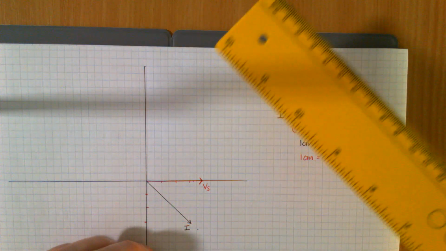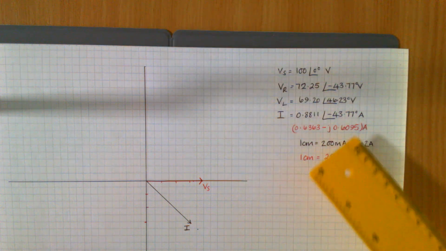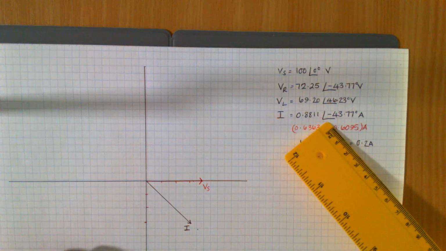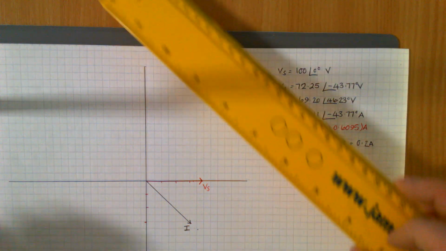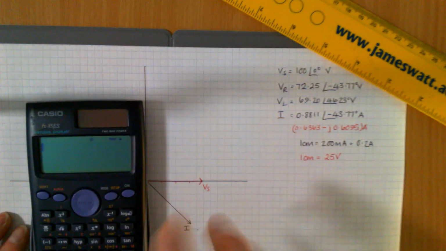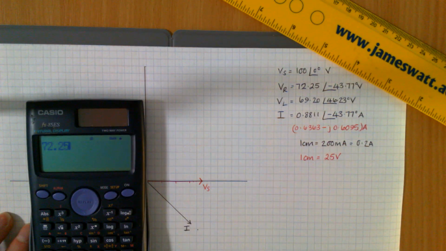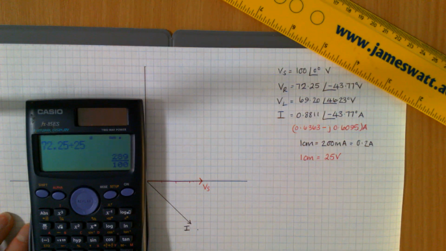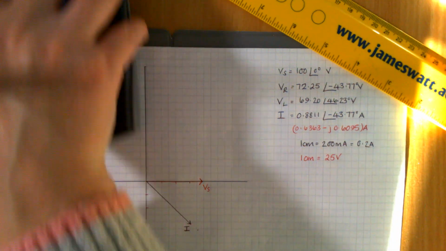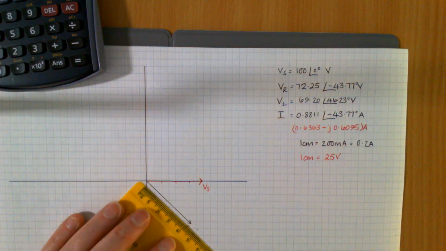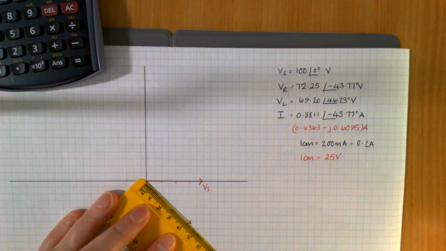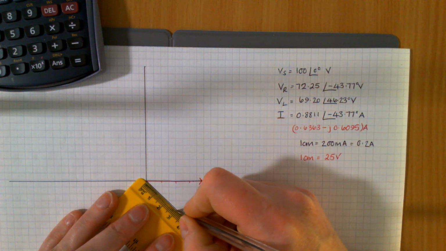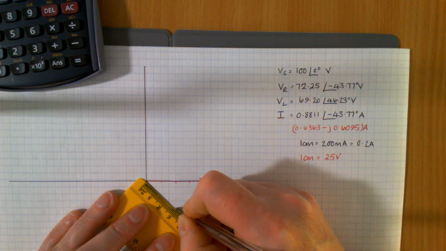Then my VR has the same angle as my current, so I can just use that same phasor. 72.25 divided by 25 is 2.89 centimetres. It's about there.